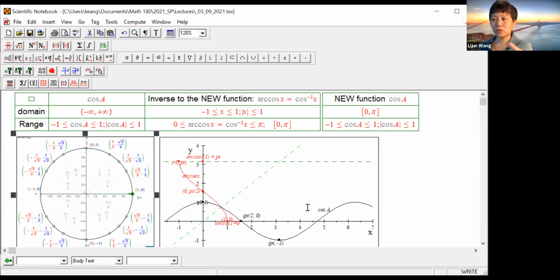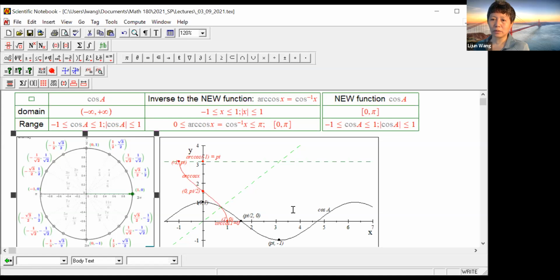When I ask students, can you draw the sine curve, cosine curve? Everybody can do it. Otherwise you should not be in this class. But all kinds of mistakes are made. What does that tell me? That tells me you can graph the curve, but you didn't understand the curve.